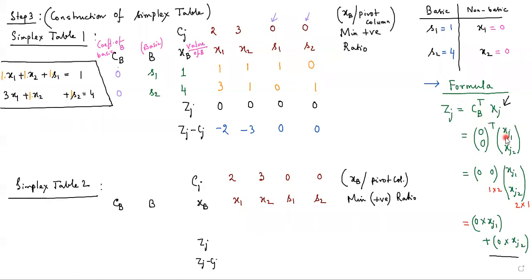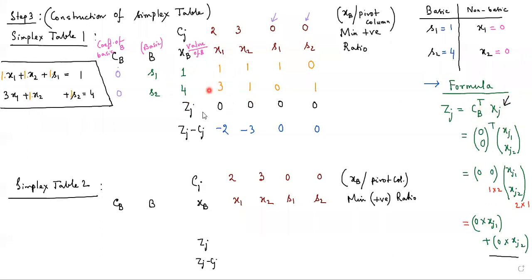In general, I have written xj because I am writing the formula. The first value of xj is xj1, the second value of xj is xj2. Normally these are S1 and S2, the column vector, the name of the values.